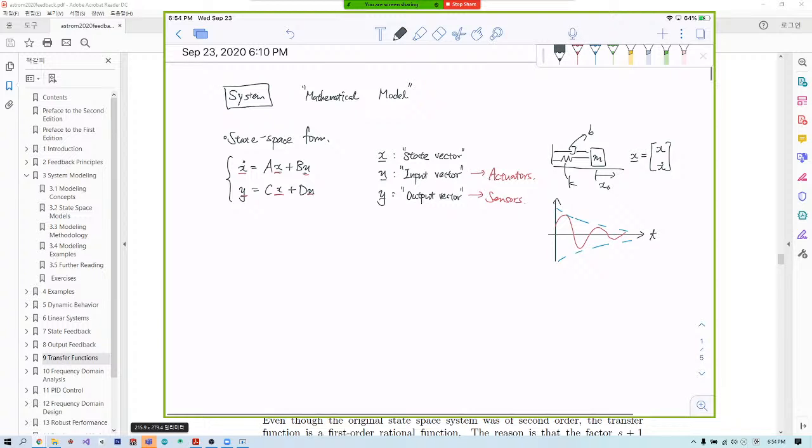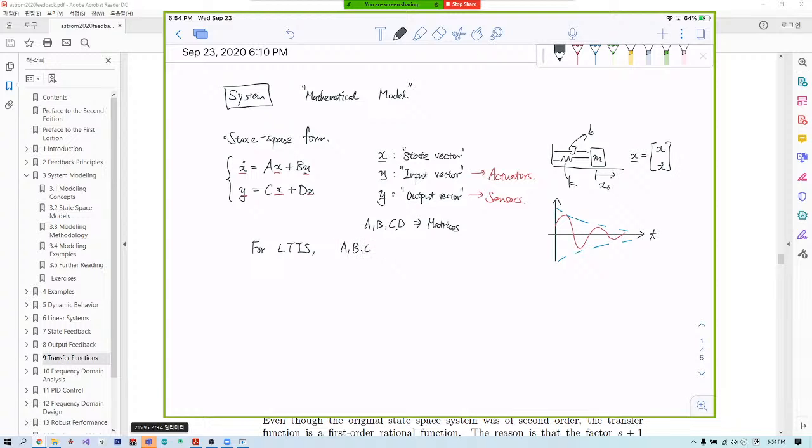And we have A, B, C, and D. Those are all matrices. And for a linear time invariant system, we have constant coefficients for all these four matrices.